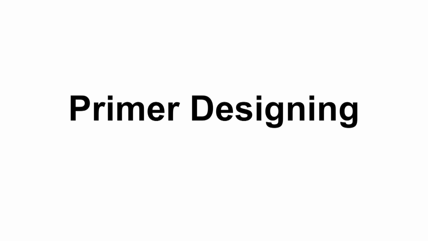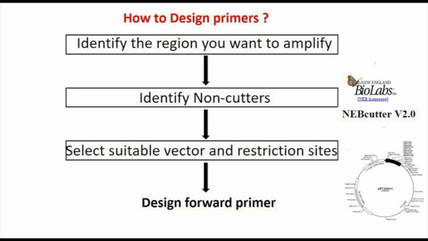Hello everyone, in this video I will show you how to design the primers and analyze them. For designing primers, first you have to identify the region of interest, which you want to amplify from any vector or any sequence. In the second step, you have to identify non-cutters.